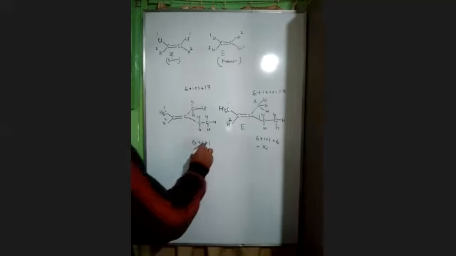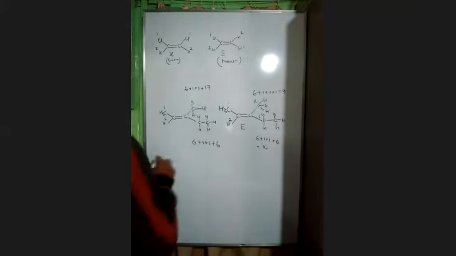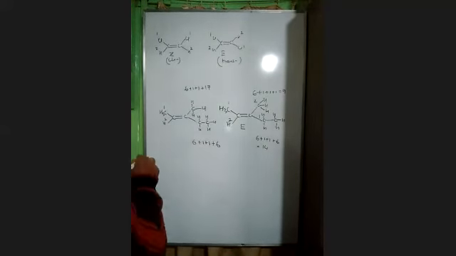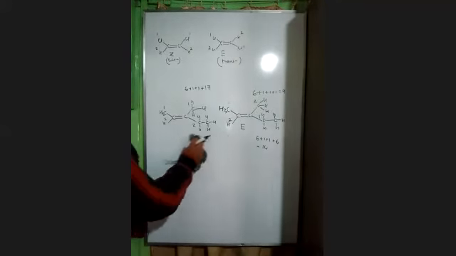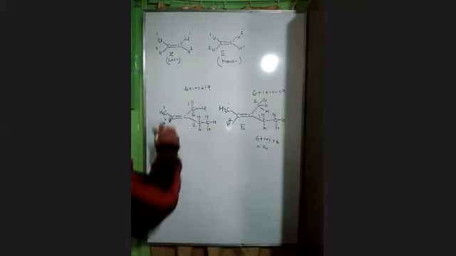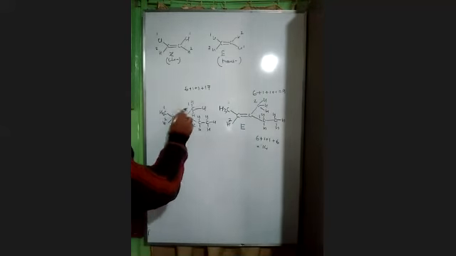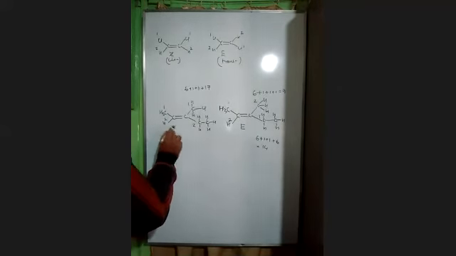It is 17 and this is 6. Understood? In that case, this is 1 and this is 2. It is very easy. So this isomer is called the same side. It is the Z isomer. Okay, dear. Now see here.